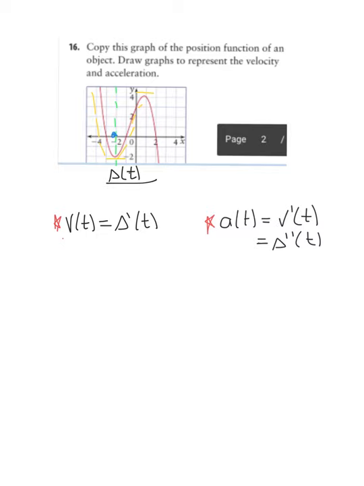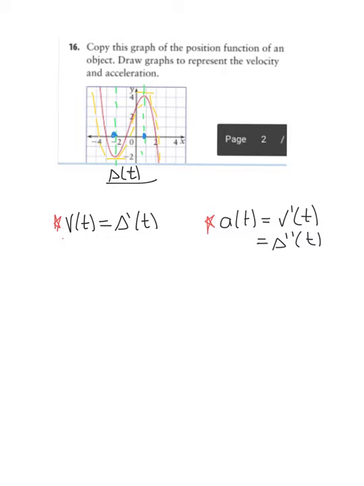So I'm going to draw in this dotted line, and I know that my velocity function will have a 0 here as well. Continuing on with my pencil, I now have a negative slope, and it is getting steeper and steeper as we go.